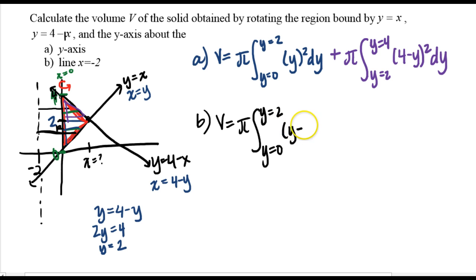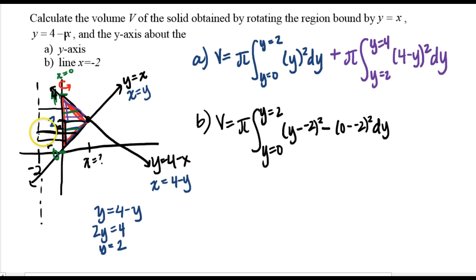So y minus negative 2 squared, there's big R, minus, now there's also a little r in my washer method. So right minus left here, the right function is 0, and the left function is negative 2. So 0 minus negative 2 squared, dy. So this finds rotating this bottom triangle around the line negative 2.